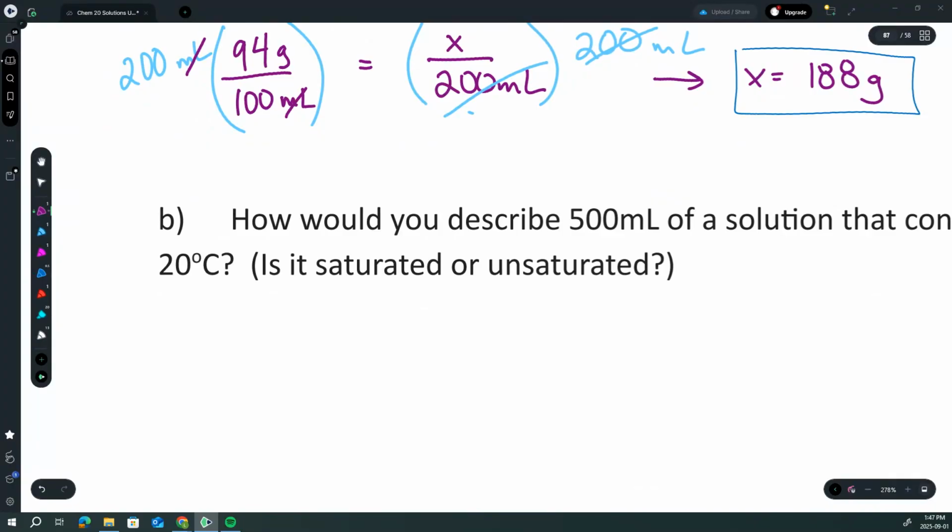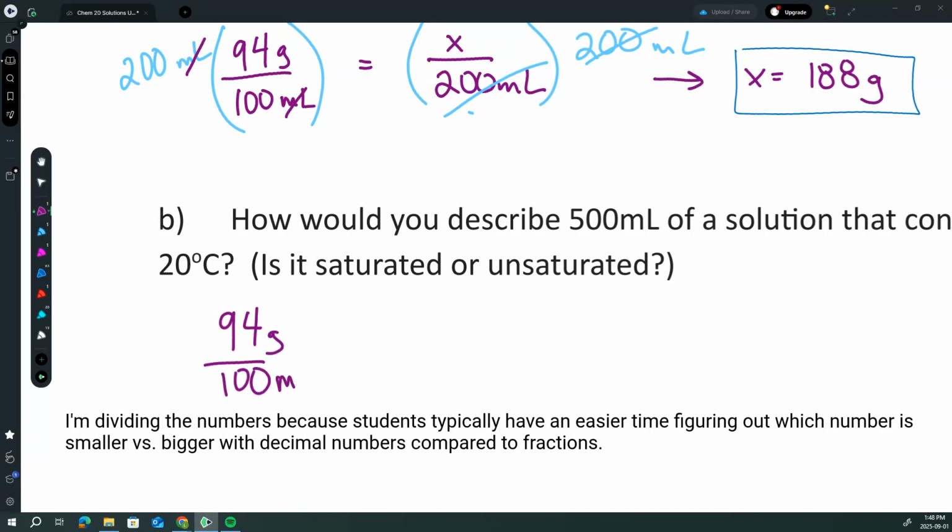So to make this a bit easier to see, let's just take our solubility value and actually take 94 and divide it by 100. That's going to give us 0.94 grams per milliliter.